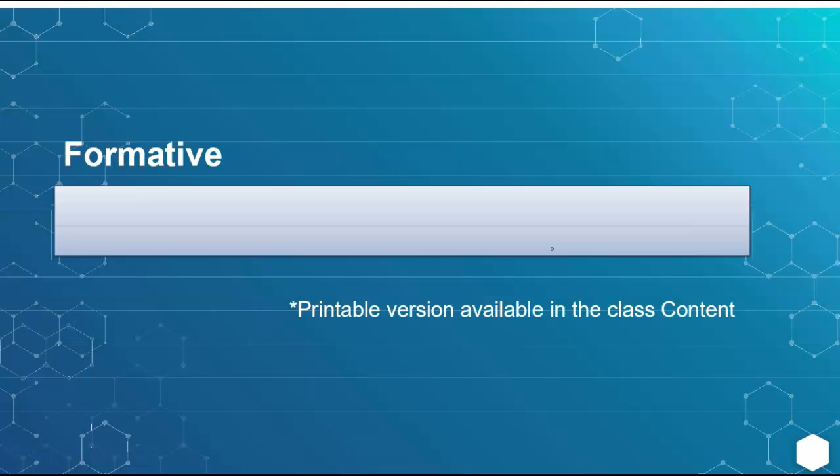Notice there's also a printable version available. If you'd like to do this on paper instead of Formative, that's totally okay too. You can print it out, use colored pencils or crayons or anything that you want, and send me a picture of it. That'll work. And I will go over a few problems from the Formative just to show you how exactly it works.